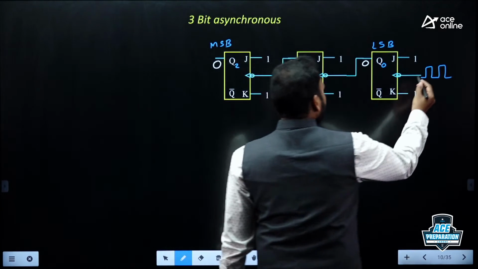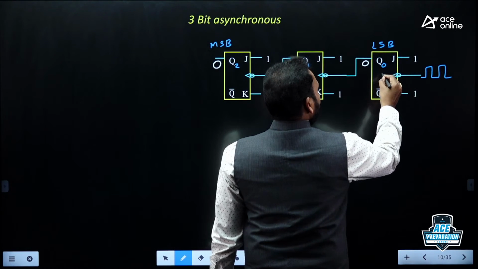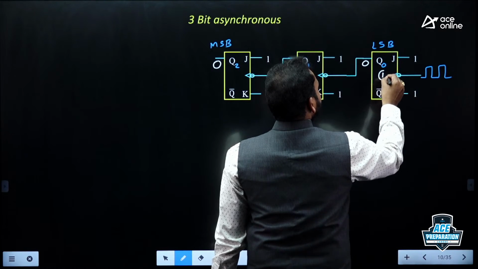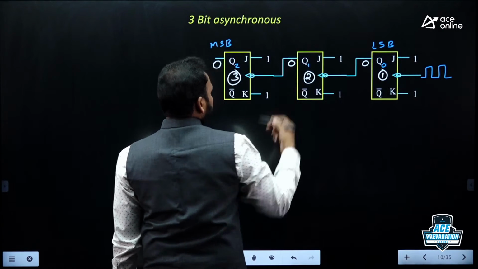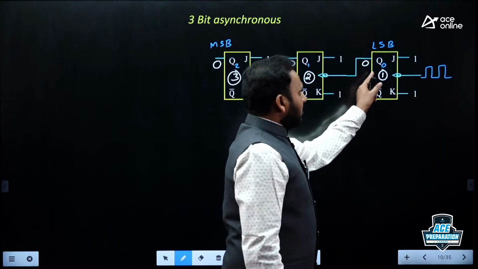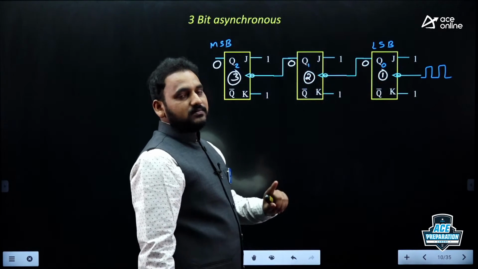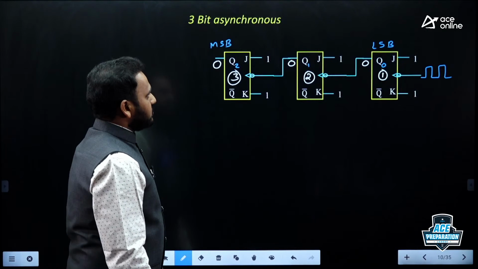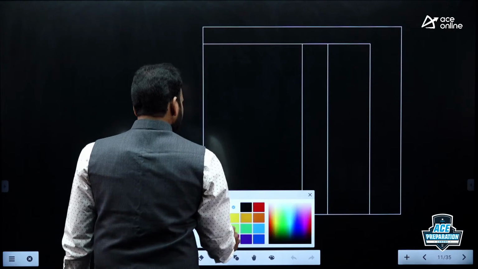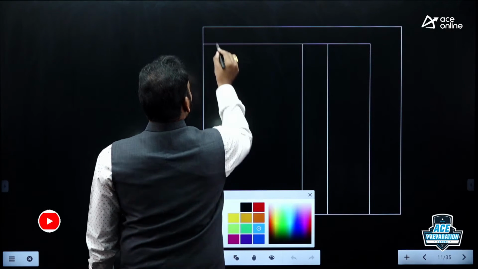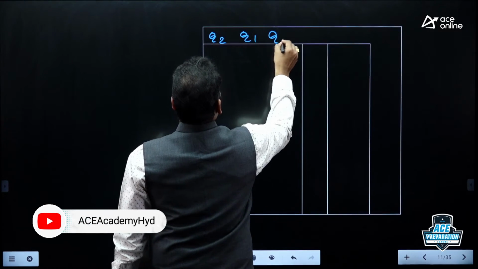If I give the first clock pulse, what is going to happen? Simple, my dear friends. I am taking the flip-flops as numbers 1, 2 and 3 such that I can easily address them, right? So, if the flip-flop receives a falling edge, then only the output will toggle, that's it. See, Q2, Q1 and Q0.